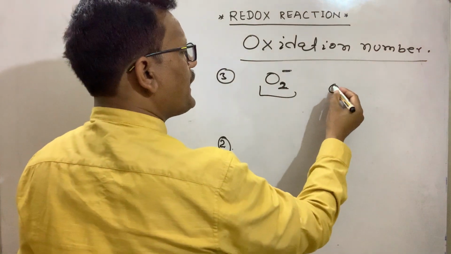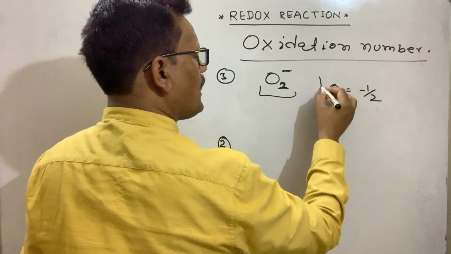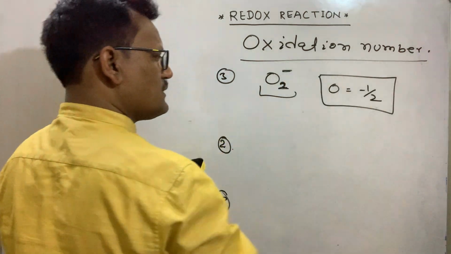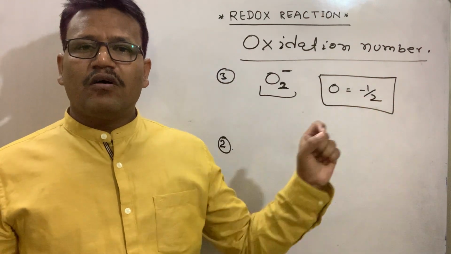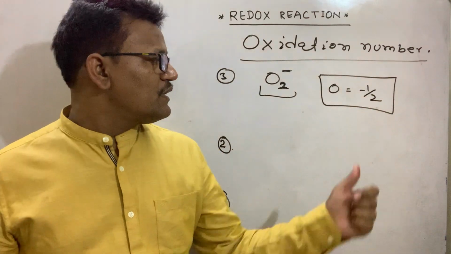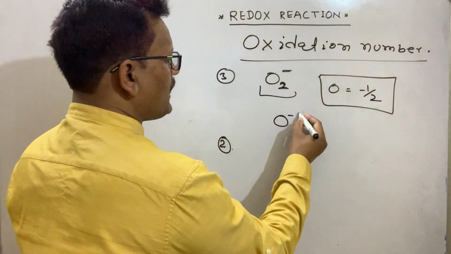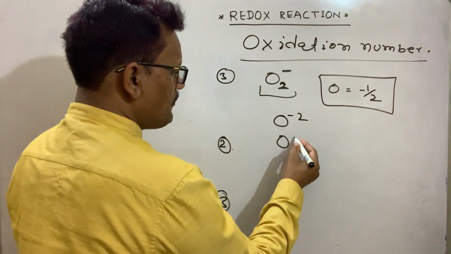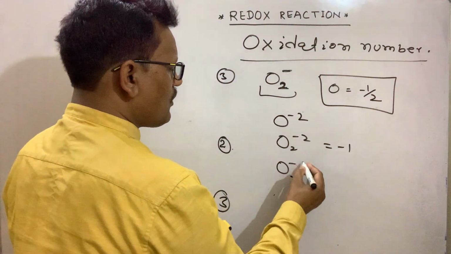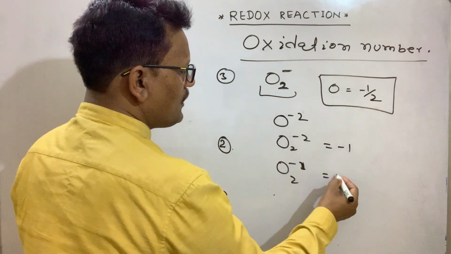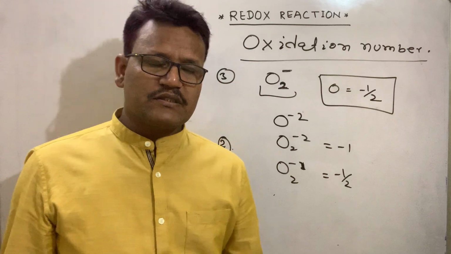So 1 atom of oxygen will have -half oxidation number or oxidation state. So in case of superoxide, the oxidation state of oxygen will be -half. So remember, in oxide -2, in peroxide -1, in superoxide -half. So this is about oxygen.